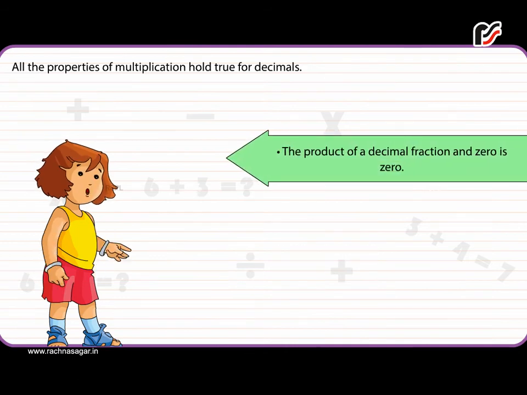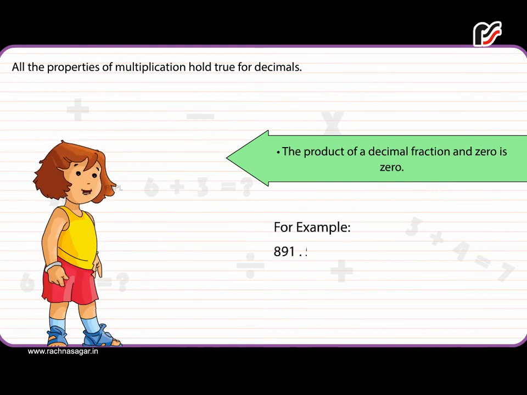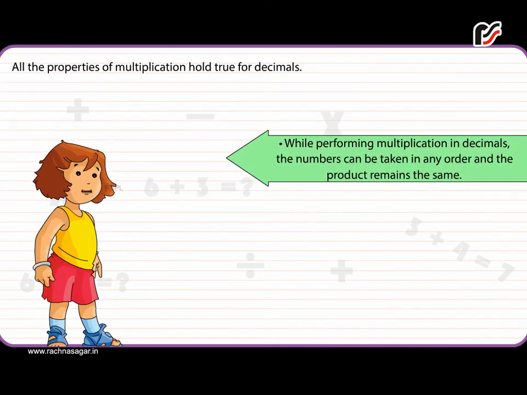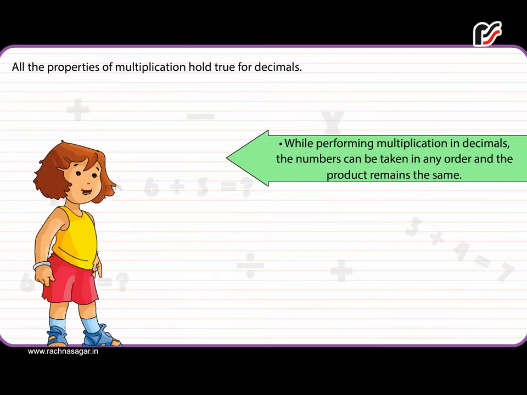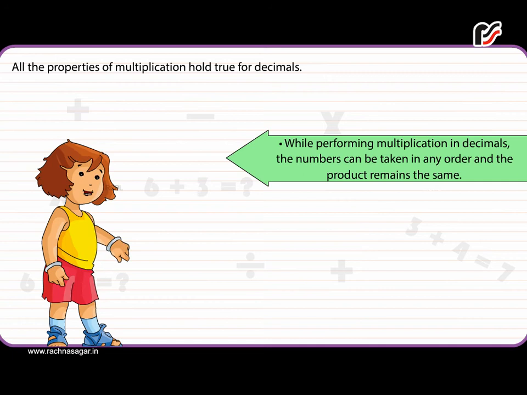The product of a decimal fraction and 0 is 0. For example, 891.56 multiplied by 0 is equal to 0. While performing multiplication in decimals, the numbers can be taken in any order and the product remains the same.